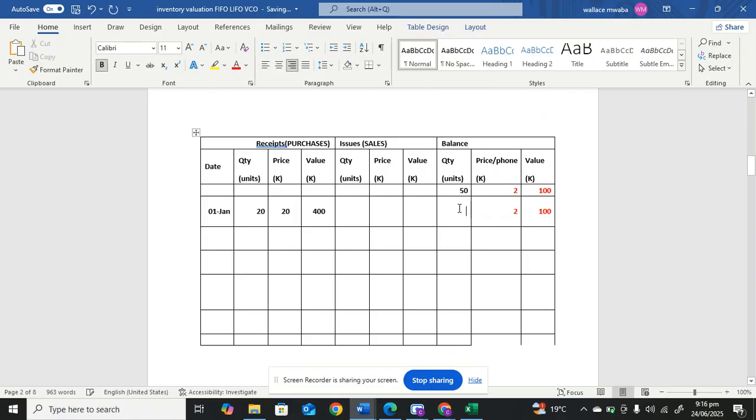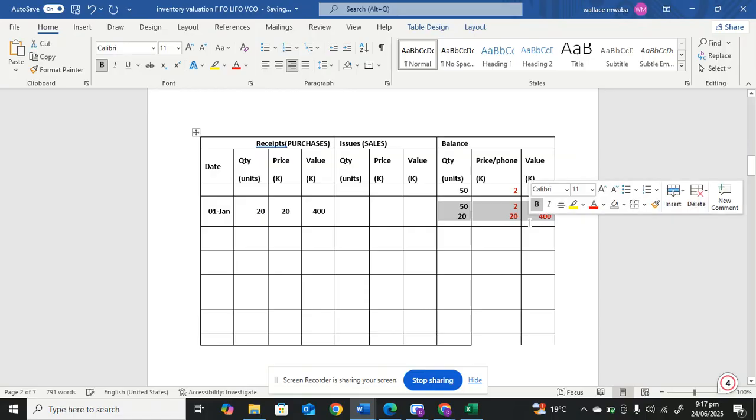Yes, we initially had 50 goods valued at 2 kwacha per unit. Then now we've brought in 20 goods valued at 20 kwacha per unit. So 20 times 20, that gives you 400. Every time you purchase goods, the way I've separated them like this, that's what you're also going to need to do. You separate them. Any questions before I move further?